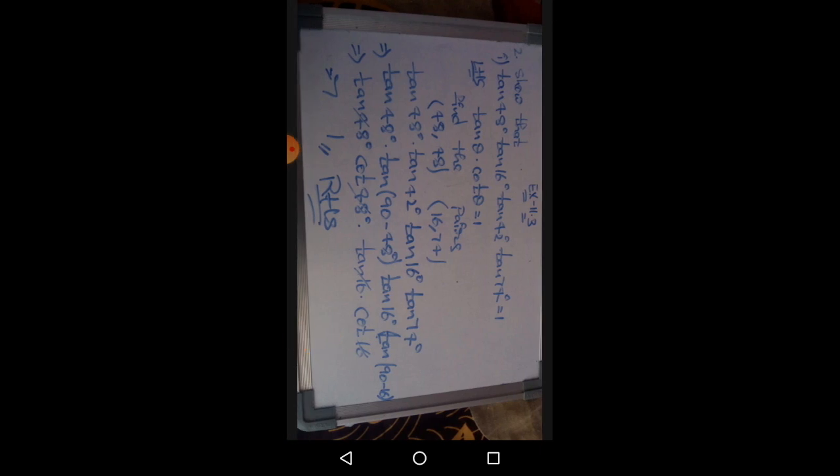Yes, this one we have left earlier. Tan 48 into tan 16 into tan 42 into tan 74. Here you have to make sure that you make groups such that when you add the terms, you get 90. So 48 plus 42, this is one group, and 74 plus 16 makes 90.